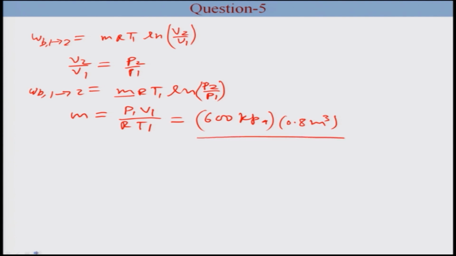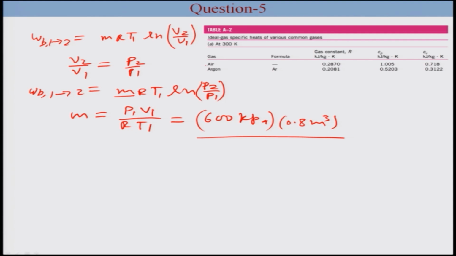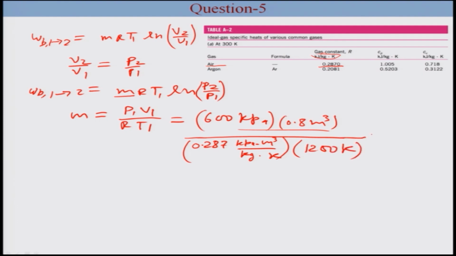The value of R for air can be taken from the ideal gas table, which is 0.287 kilopascal meter cube per kg Kelvin, times temperature, which is 1200 Kelvin, since initially air is at 927 degrees centigrade.